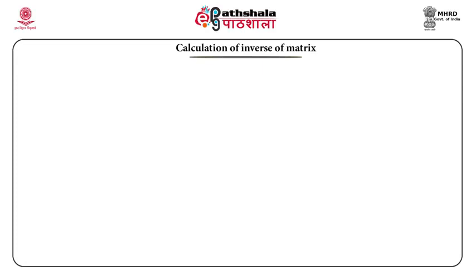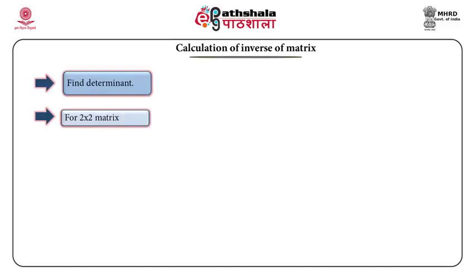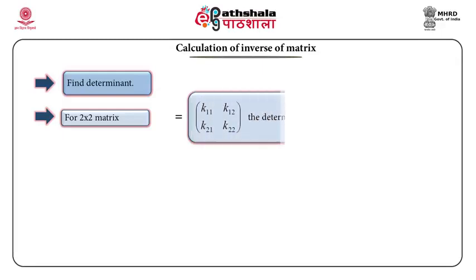So computing the inverse of a matrix, the first step involves finding the determinant. To give you an example of how to compute the determinant for a 2 cross 2 matrix, name the elements as K11, where suffix 11 indicates that the element is lying in the first row and first column.